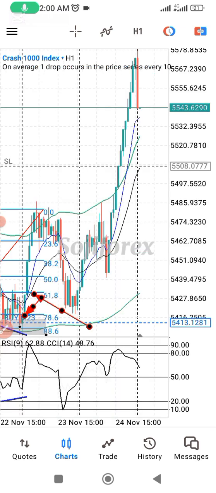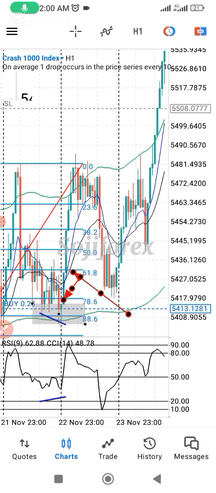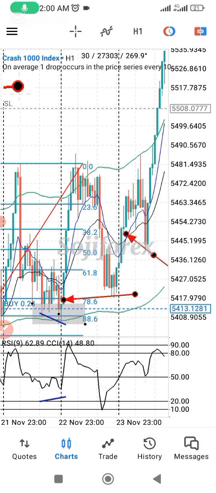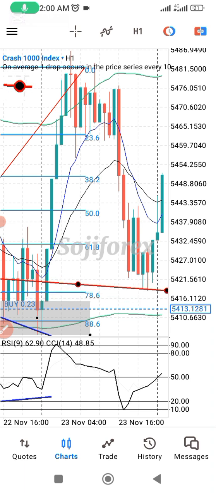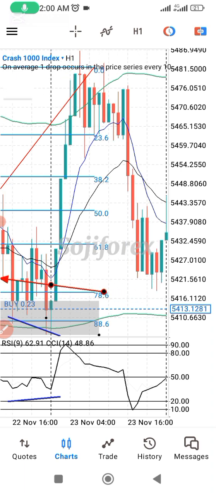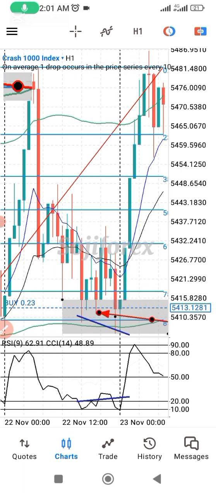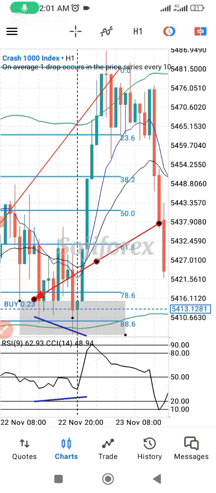Even if I were to make the entry based on H1, of course I did not make it based on H1, but even if I had, here is a pin bar. I just want to show you this. You can see this pin bar candlestick formation that was formed in this zone. This is a beautiful pin bar. You can see there's a series of rejection.